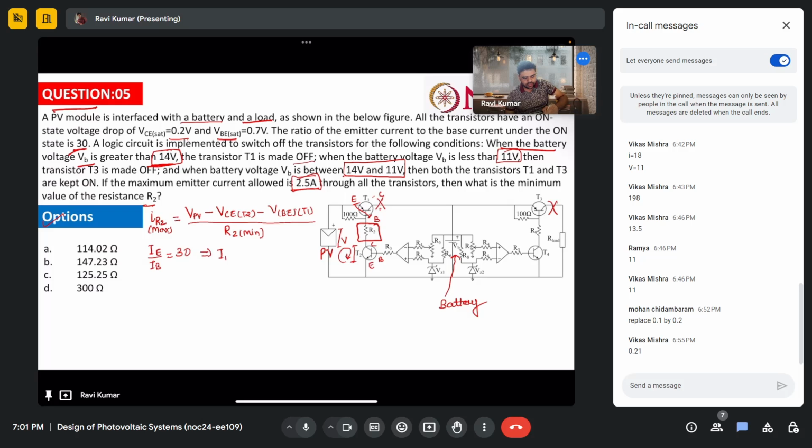Then IB will be equal to 2.5 divided by 30. How much is it? Just divide 2.5 by 30. Okay, 0.083.